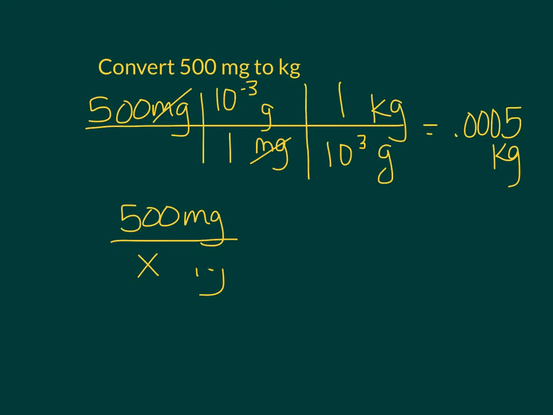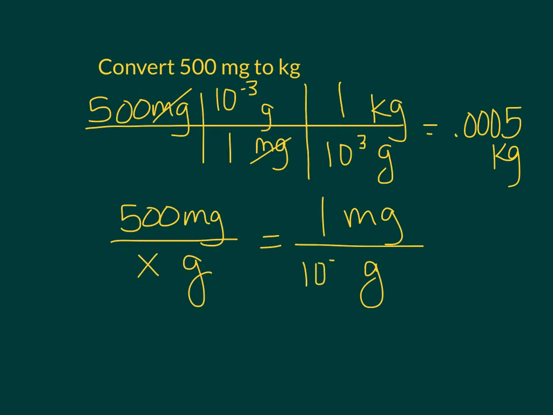So if we take away the kilograms and convert to the base unit first, then we put milligrams over grams, because we don't know how many milligrams are in a kilogram off the top of our head. And the 1's going to go with the base unit. Milli means 10 to the minus 3.